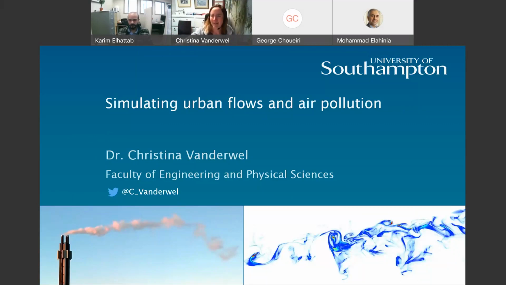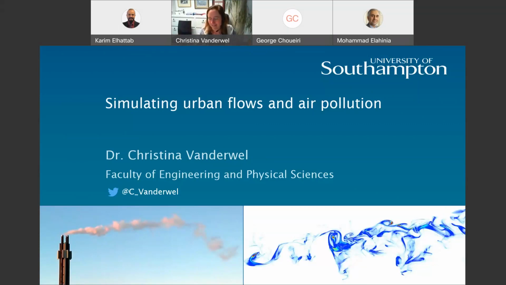On the left, this is the chimney, actually outside the lab when I was doing my PhD at Ottawa, and how it emits smoke into the atmosphere. And on the right is how we simulate that in the lab. We're using fluorescent dye as a proxy for air pollution in this image, and you can see that both of these scalars are being transported by a turbulent field, and that's the similarity.